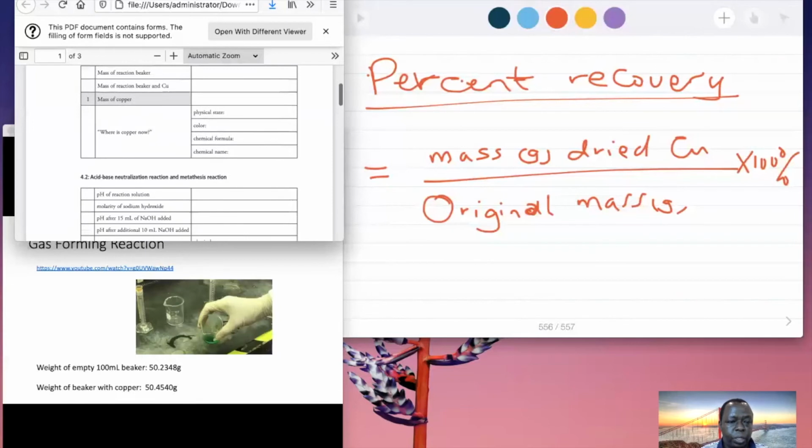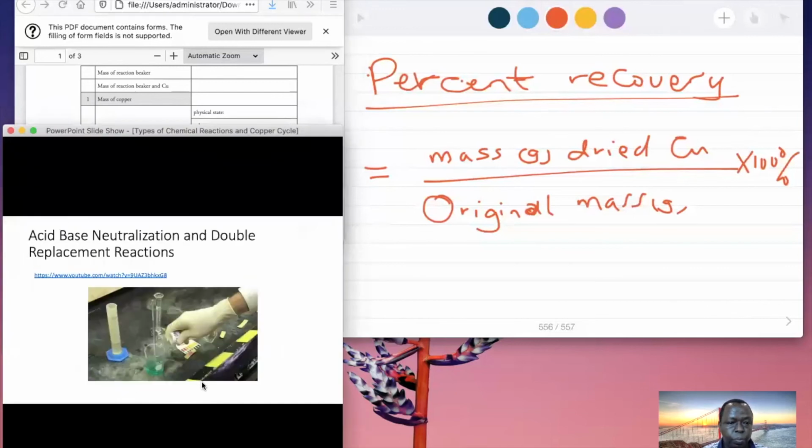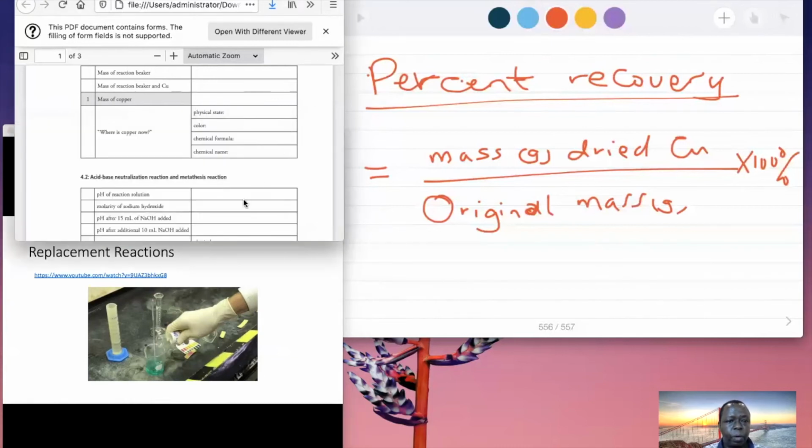In 4.2, please read again the background procedure, acid-base neutralization, all right? pH of the solution, the demonstration for 4.2, acid-base neutralization, you'll have to wait for the demonstration here. The instructor will tell you the pH of the solution.